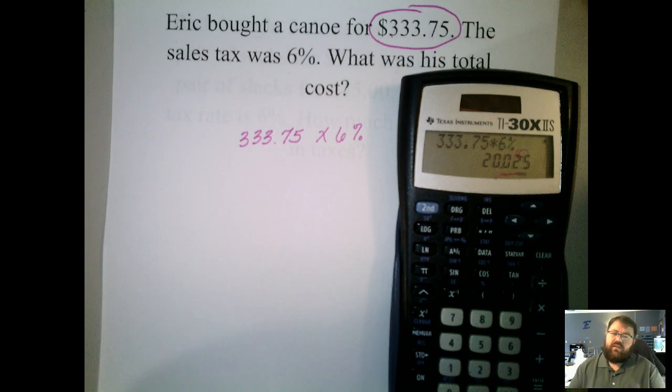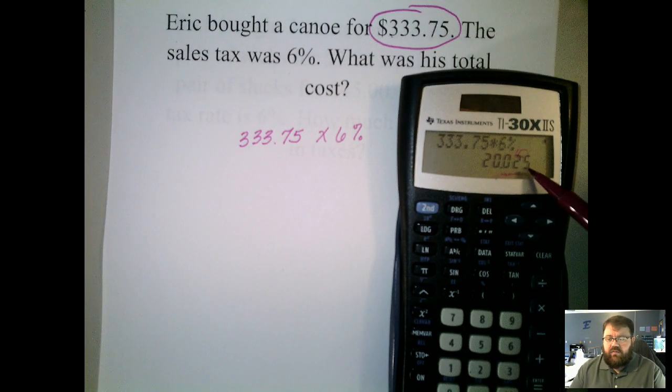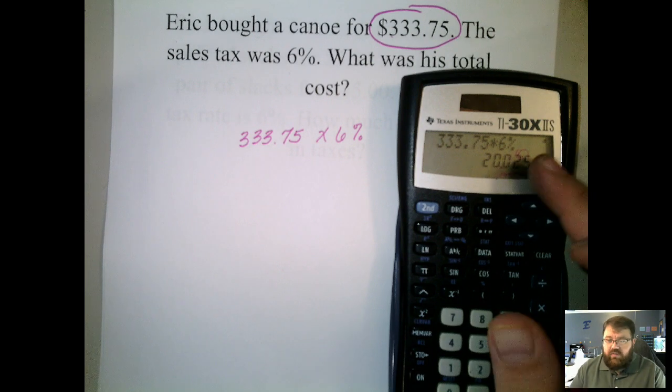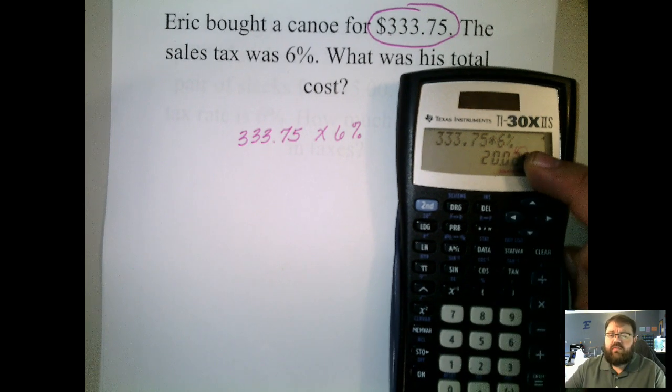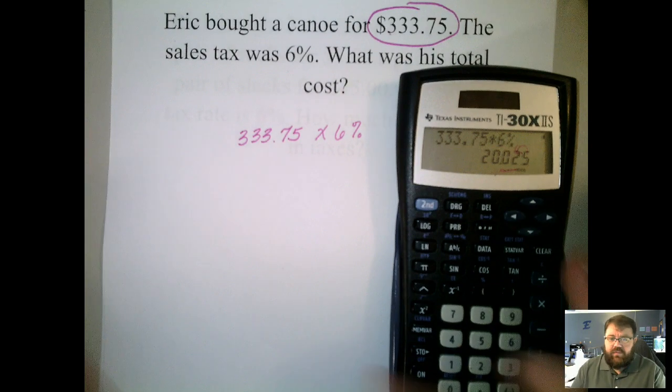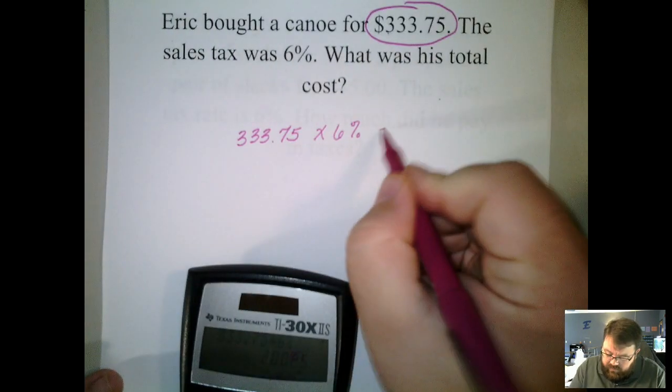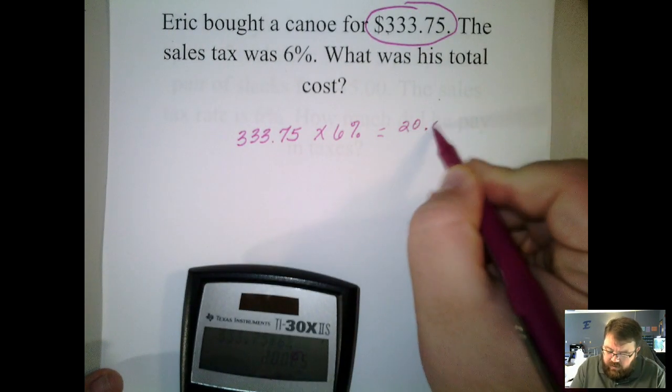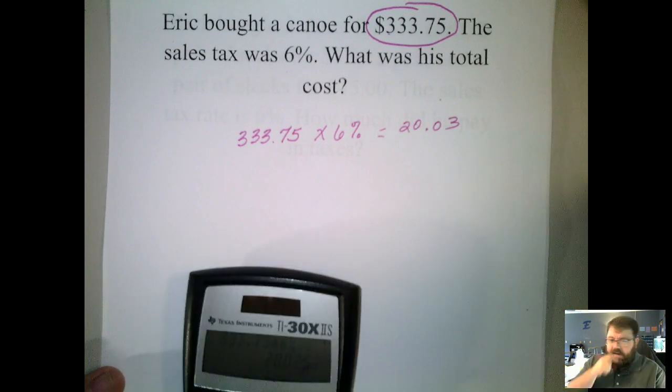So when you are rounding, if you have a number that is 5 or greater, you're going to round that number up. So I'm going to round this 2 to a 3, because with money, you stop 2 places past the decimal. So we get $20.03.